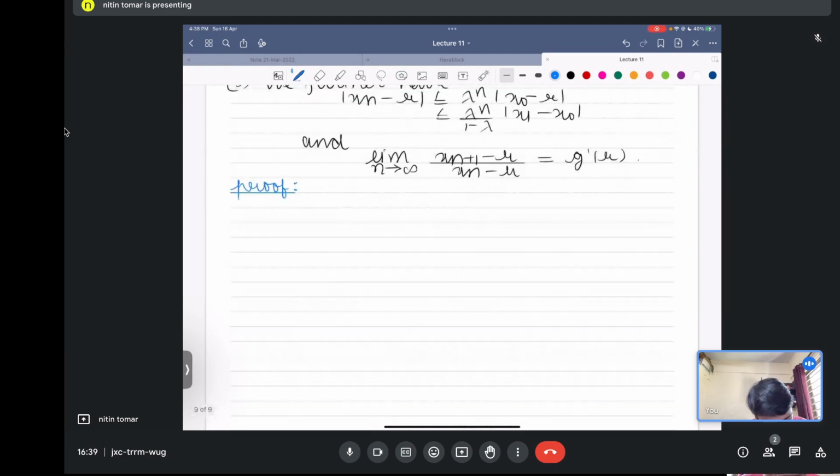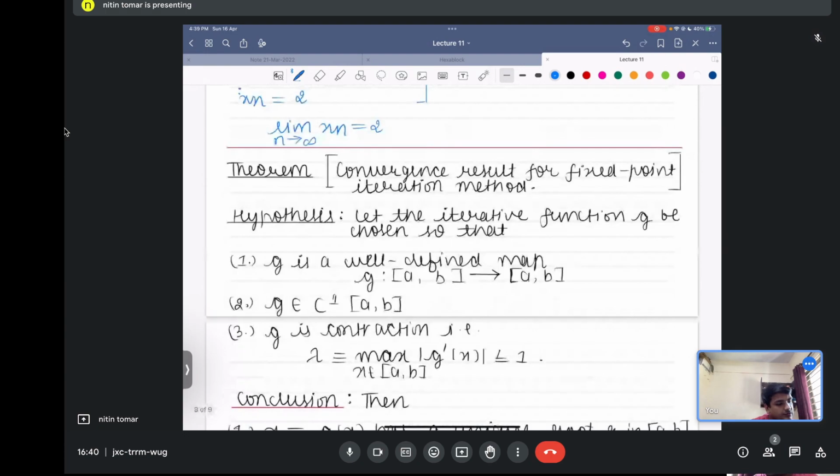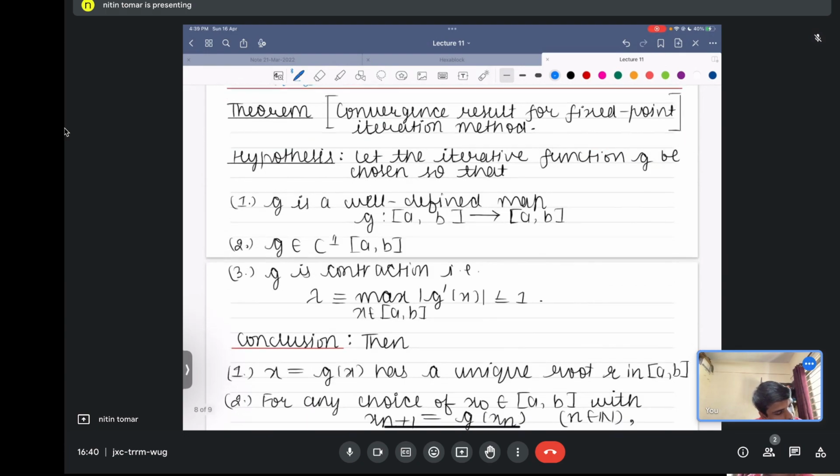Okay, so let us start. So from mean value theorem, you see R minus x_{n+1}, which is g of R minus g of x_n. Why? Because R is assumed to be a fixed point.